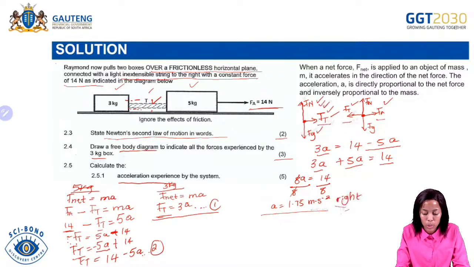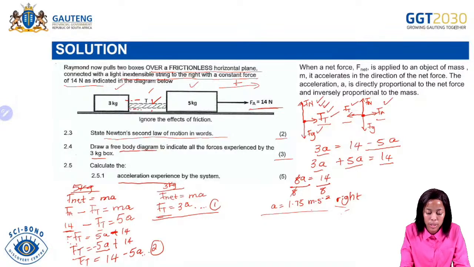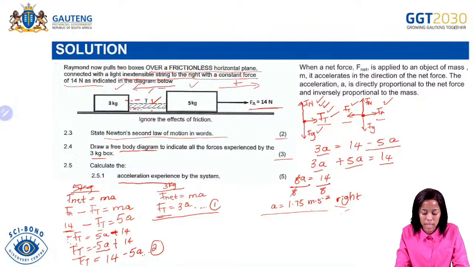And then we said that whatever force goes to the right, we are going to take that direction as positive, and whatever force goes to the left, we are going to take as negative.